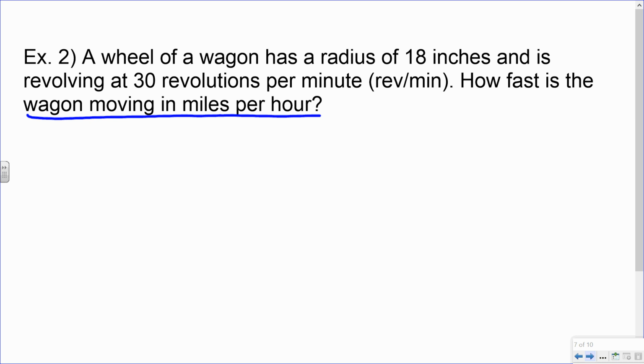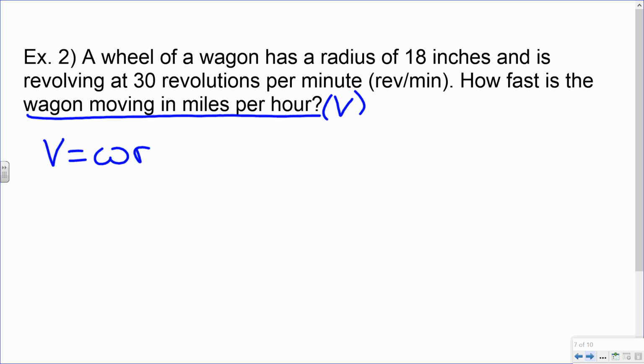So they want us to find V, omega, R, what are we trying to find? We're trying to find V, something that's in miles per hour, that's straight line distance per time. So we want to find V. So we write down that our formula is V equals omega R.